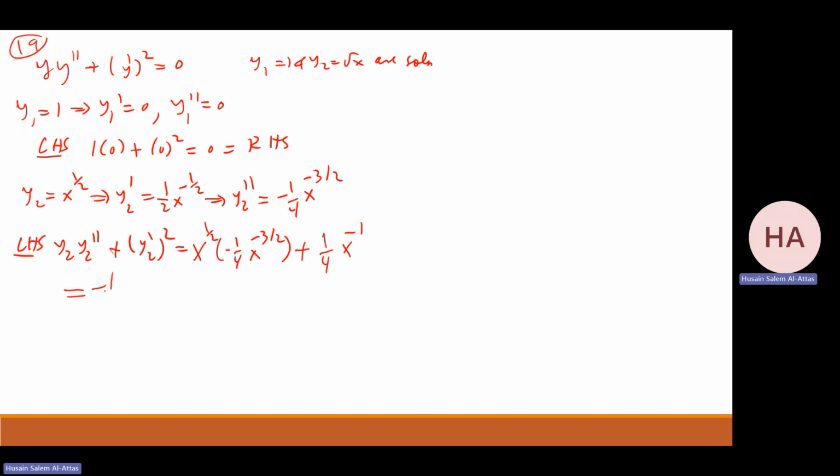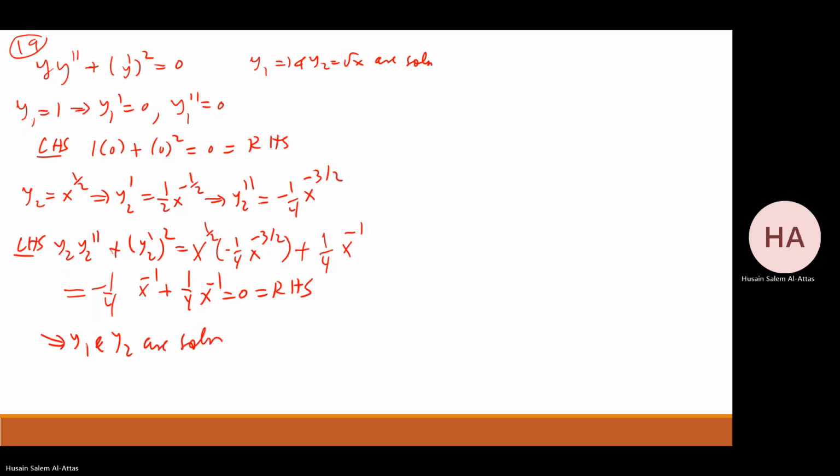So that is minus 1 over 4 x to the power minus 1 plus 1 over 4 x to the power minus 1, which is 0, the right hand side. So y1 and y2 are solutions.